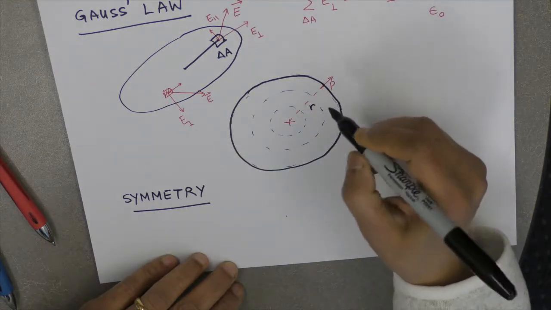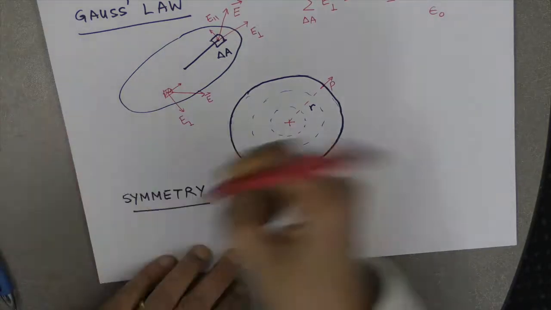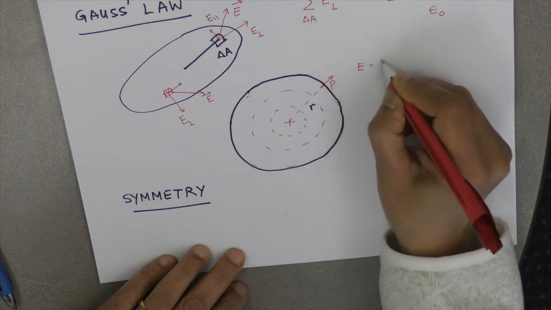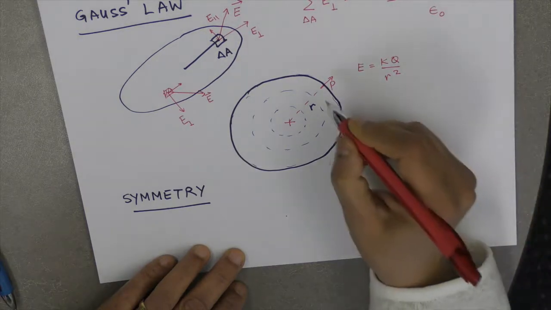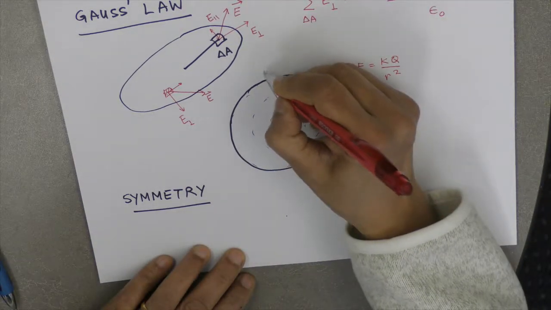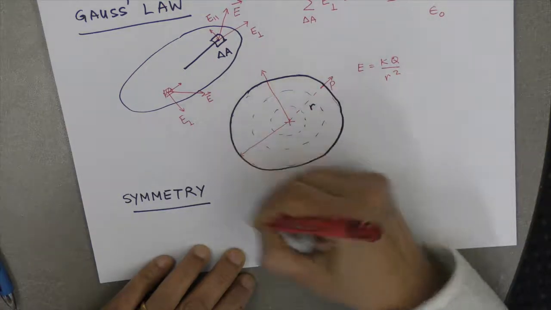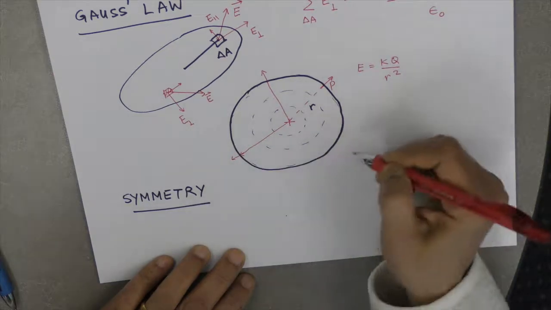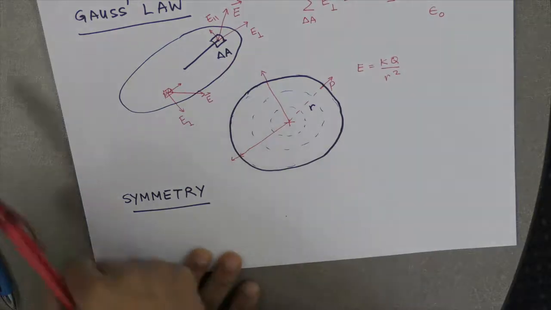Now on this shell, I can take these little areas, since the electric field is constant at every point, given by kq over r square. It's the same magnitude at every point regardless of where I am on this spherical shell. Even though its direction is changing, the magnitude is the same for E perpendicular.